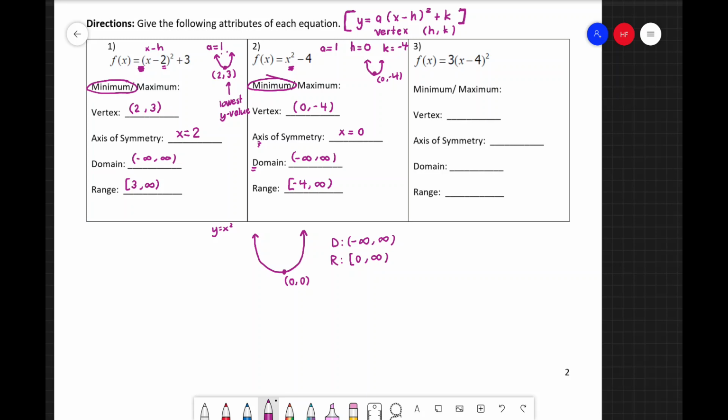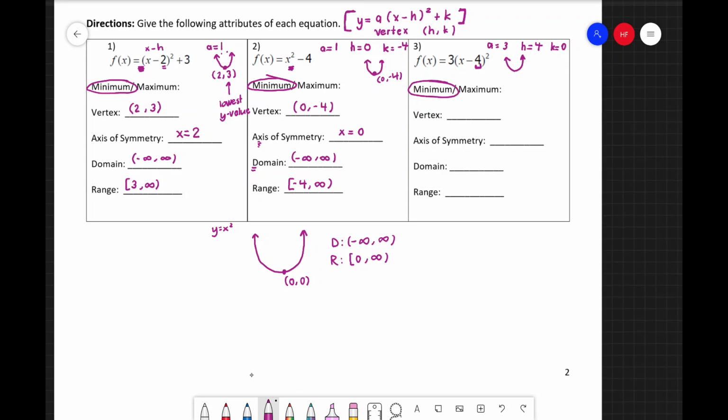And on number 3, we're still in vertex form. So my a value is 3. My h value is 4. Remember, it's x minus h, so x minus 4, we just take this number. And then k is 0. I've got nothing added on in the back. So a is a positive 3. So this is facing up as well, which means it will have a minimum.